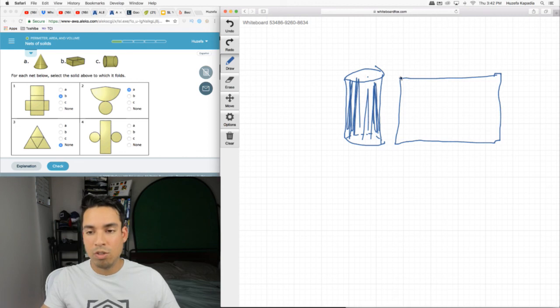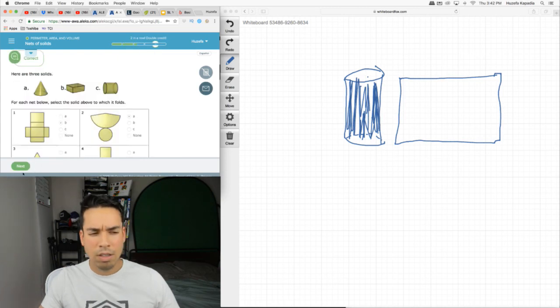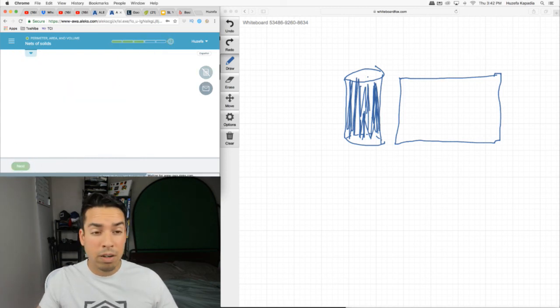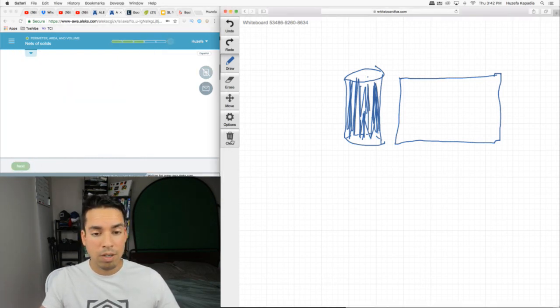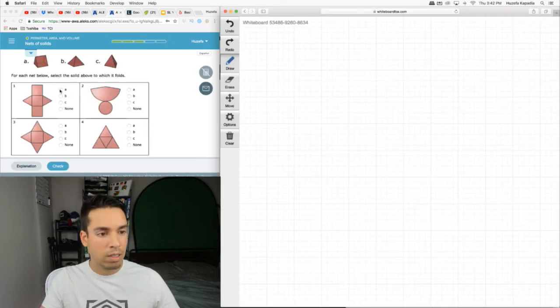They take a perfect rectangle and wrap it around the can, and that is the lateral side of a cylinder. So that's why this is a perfect net of a cylinder. Your spatial reasoning skills are very important with these types of problems, to really be able to do that manipulation in your mind.